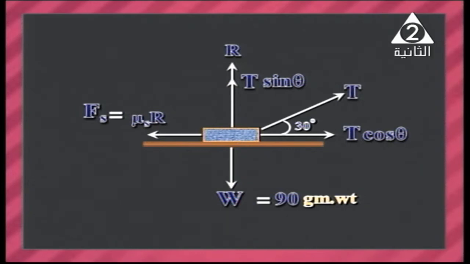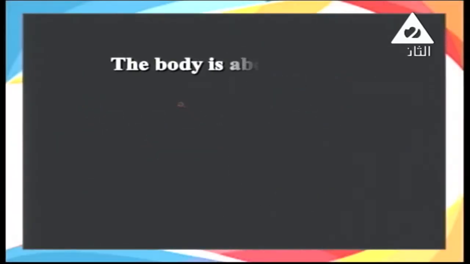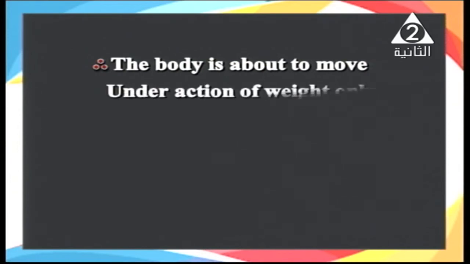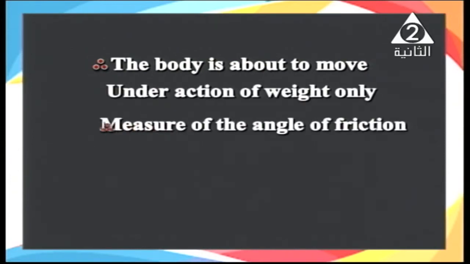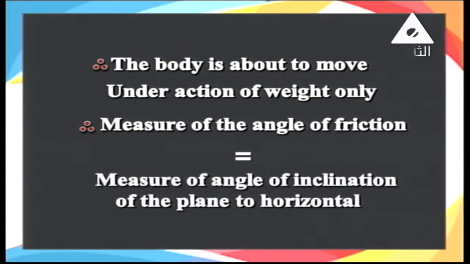And mu s R equals Fs, the static friction force. Look, my dear student, the body is about to move. What do you mean? Under the action of weight only. Therefore, the measure of the angle of friction equals the measure of the angle of inclination of the plane to the horizontal.